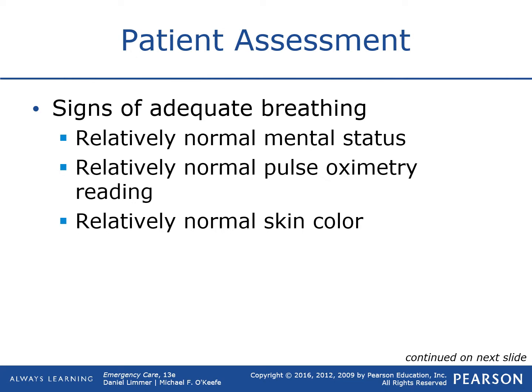So pulse oximetry, we'll talk about it a lot more in vital signs and monitoring devices. Pulse oximetry is one of those tools that is very often misused. What it does, you put it on someone's finger, it shines a light, has a sensor on the back, and it reads the amount of hemoglobin that have particles attached to them.